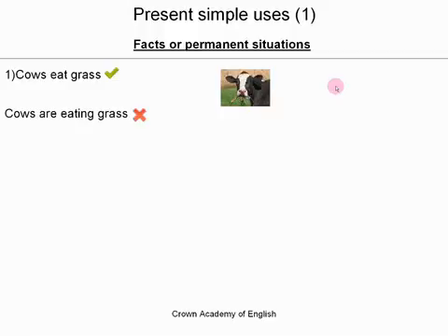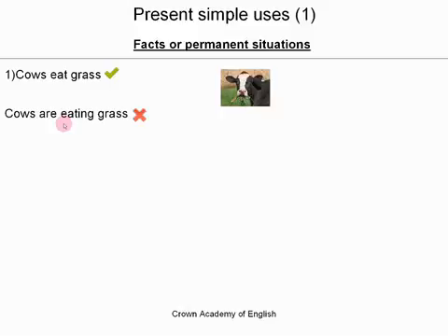Cows are eating grass is grammatically correct, okay, but the meaning is different. Cows are eating grass is an example of the present continuous tense, which we'll look at in a separate video. The present continuous tense is used for talking about what a particular cow is doing right now.